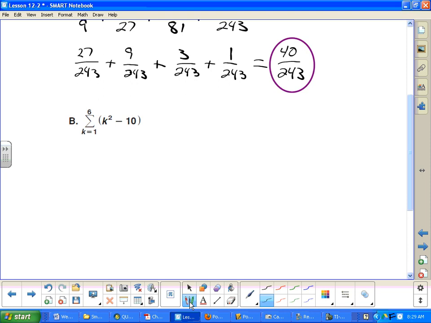Okay, so k squared minus 10 from 1 through 6. So we're going to need to use some parentheses here. So 1 squared minus 10.